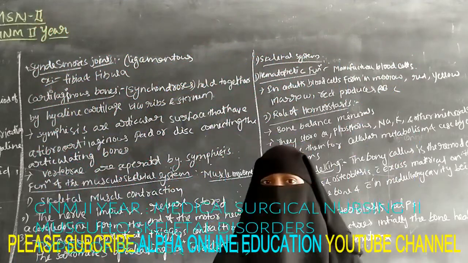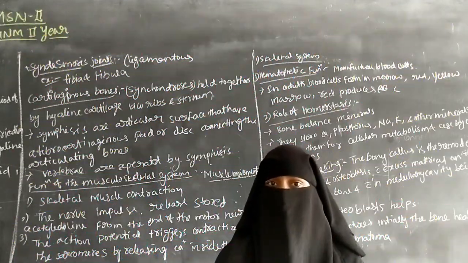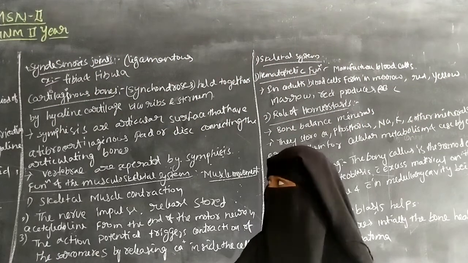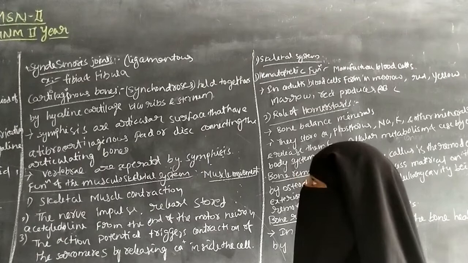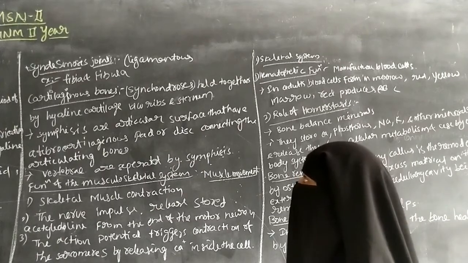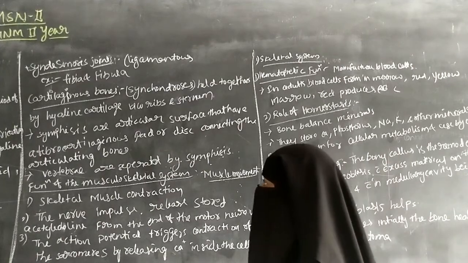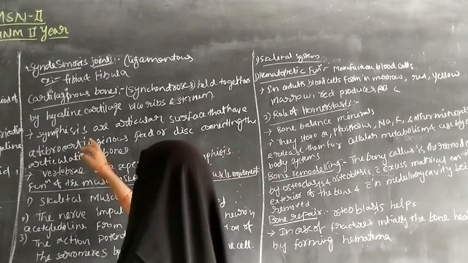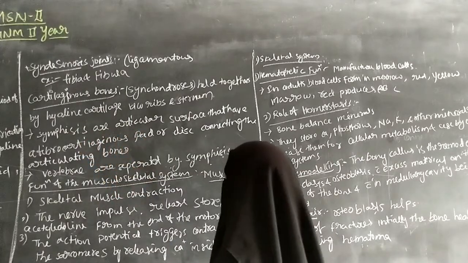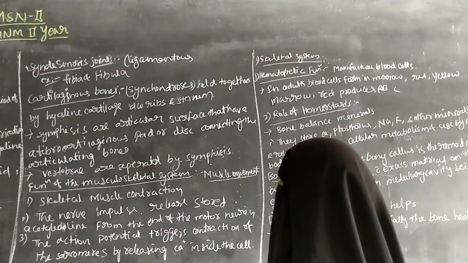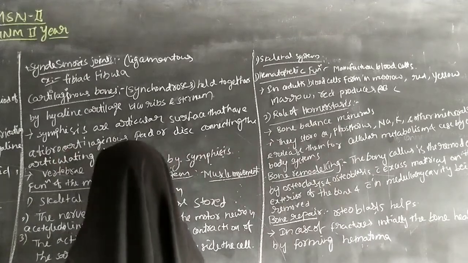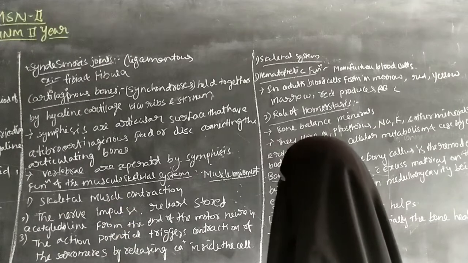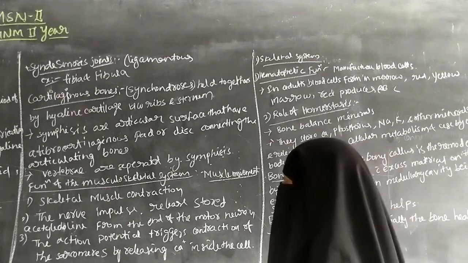This also includes the symphysis, an articular surface that has a fibrocartilaginous pad or disc connecting the articulating bones.